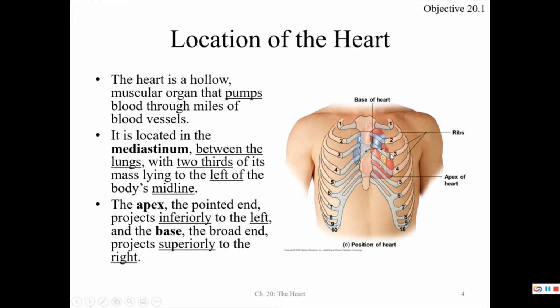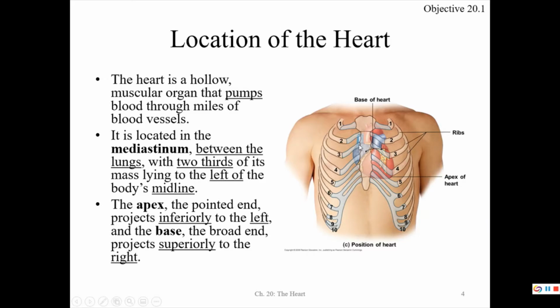There are two anatomical landmarks of the heart. The pointed end, called the apex of the heart, is actually pointing downwards and to the left, inferiorly. The broad top, where you're going to find a lot of your great vessels attached, is referred to as the base of the heart. The broad end is actually up more on the right side, so there is a twist to the heart.